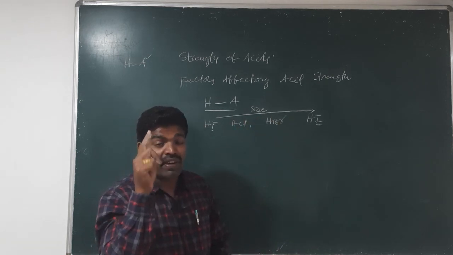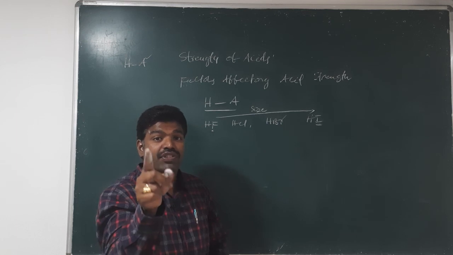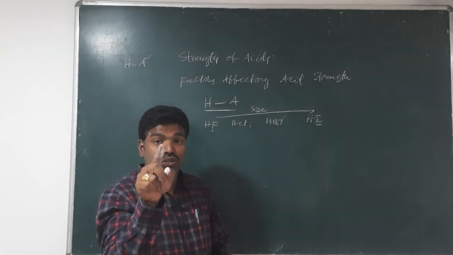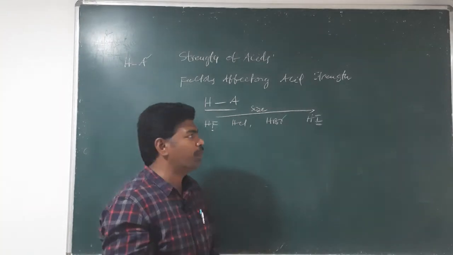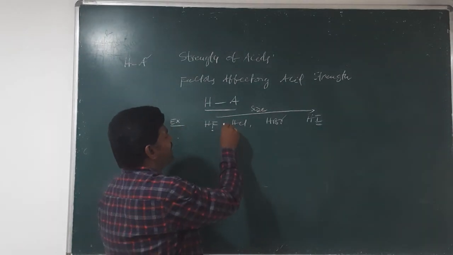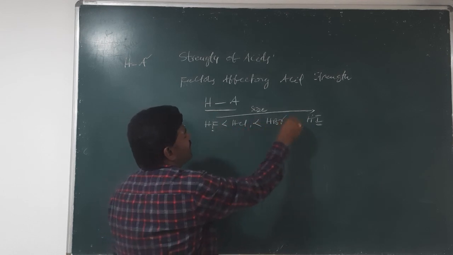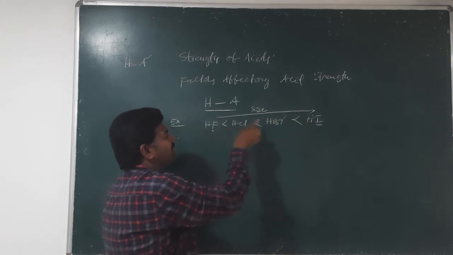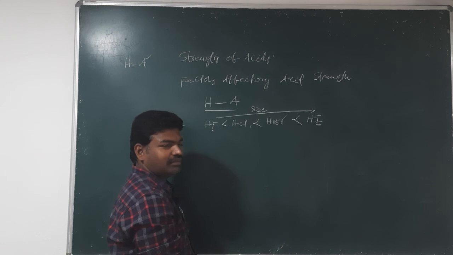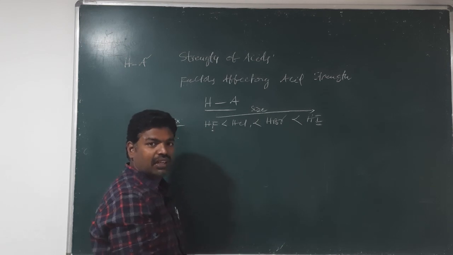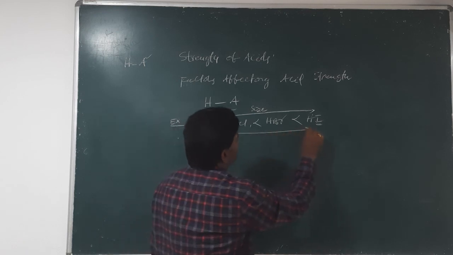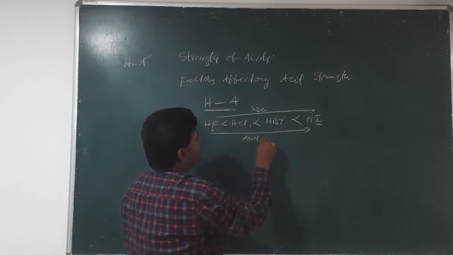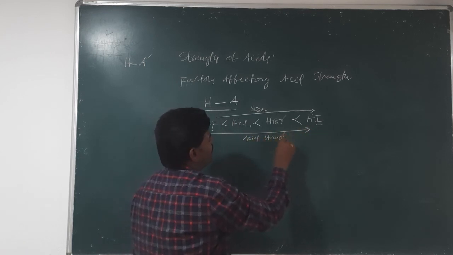Keep this point in mind: this holds good when we compare the elements of the same group. So the order is HF, HCl, HBr, HI, and the strongest acid is HI. As size increases, acid strength increases.